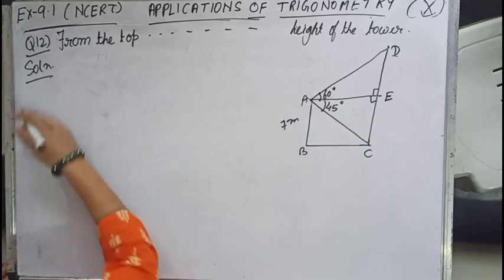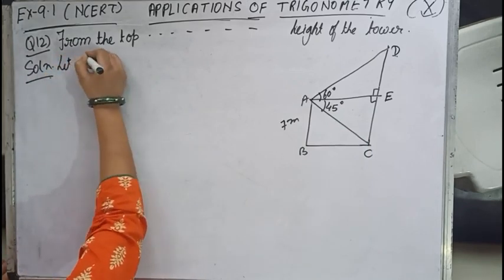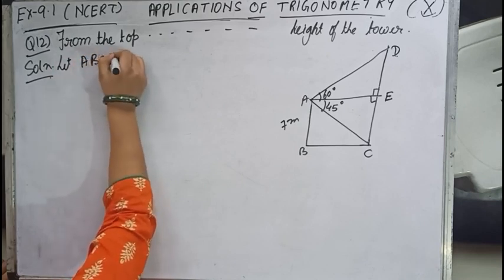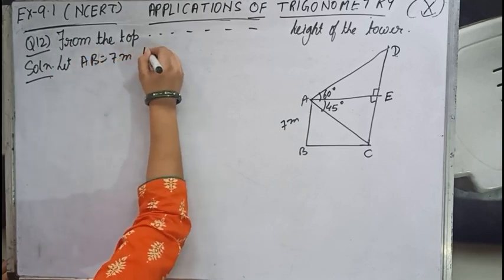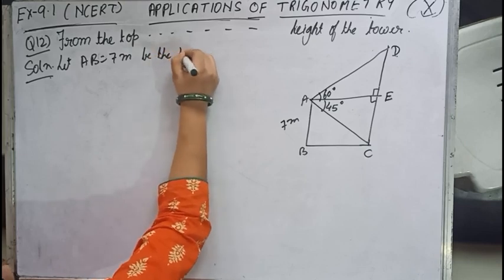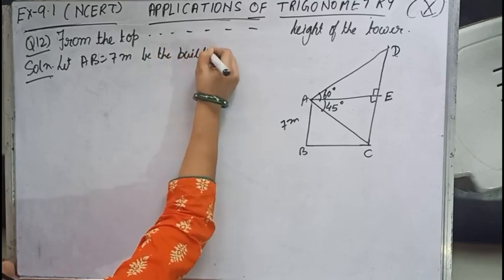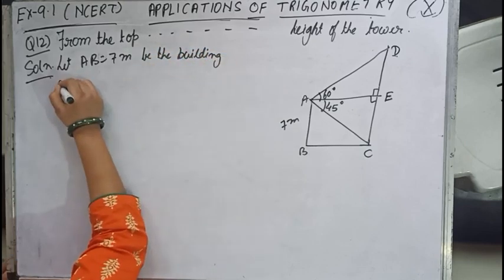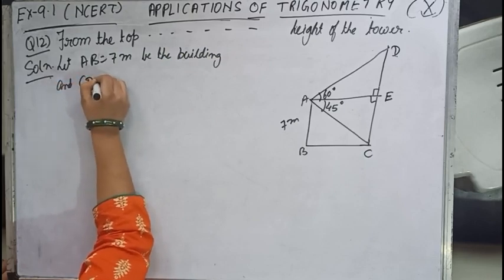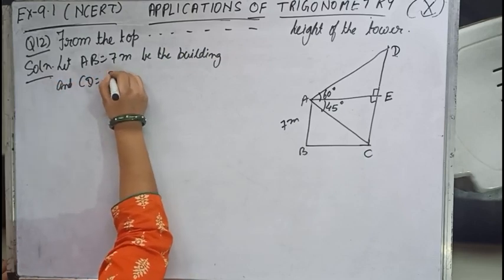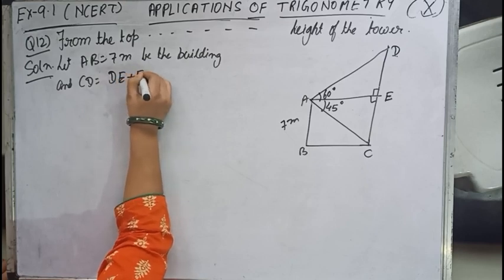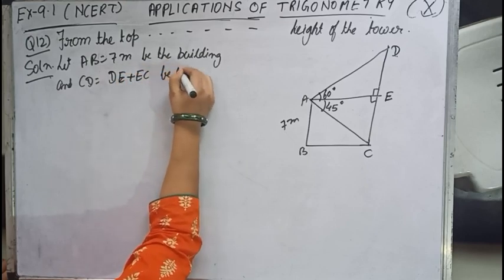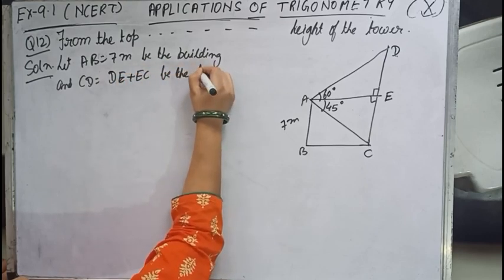So let us start. Let AB equals 7 meter be the building, and CD equals DE plus EC be the tower.